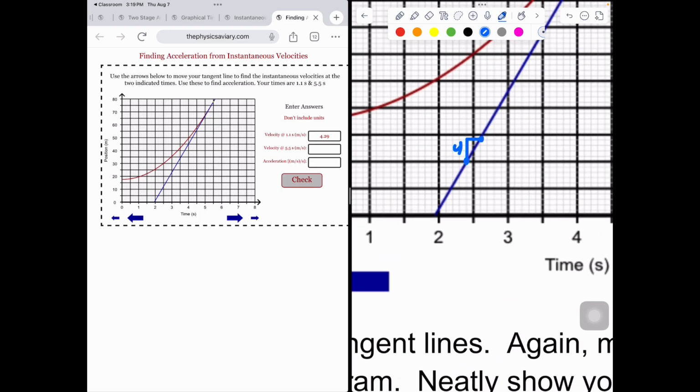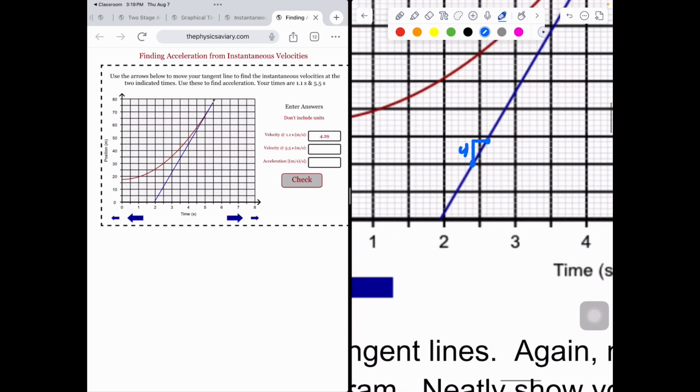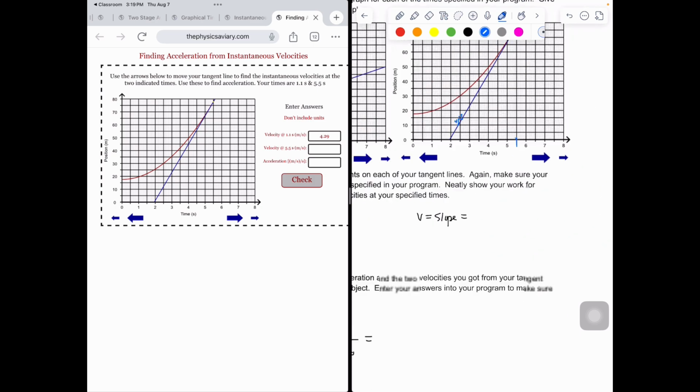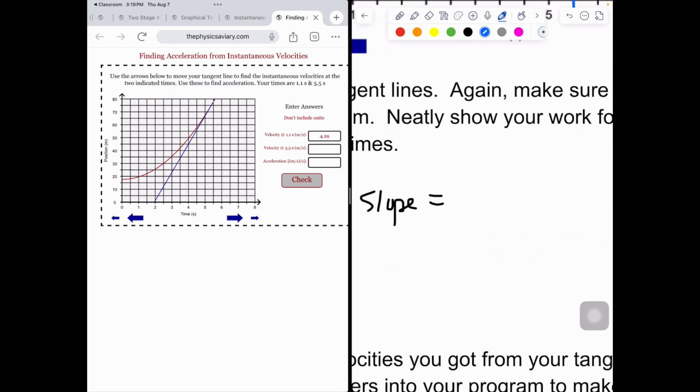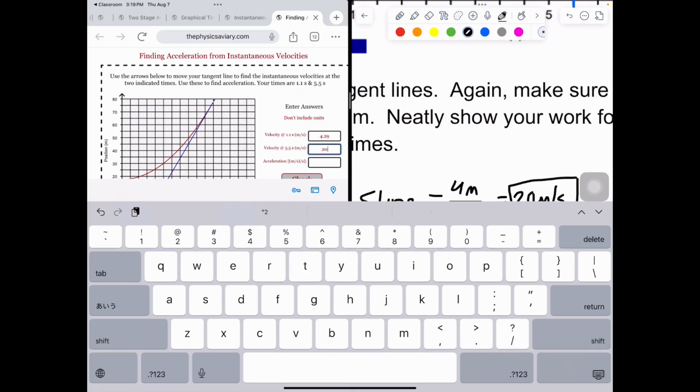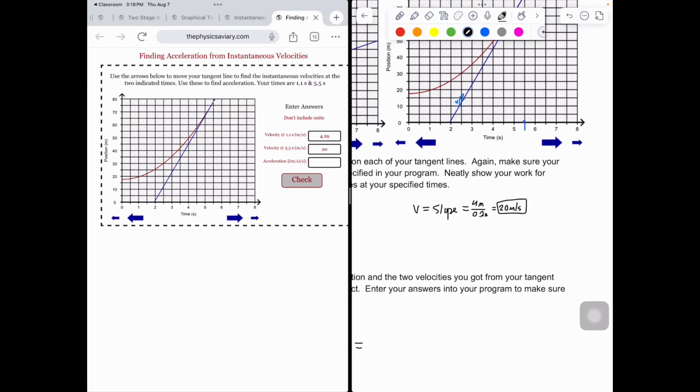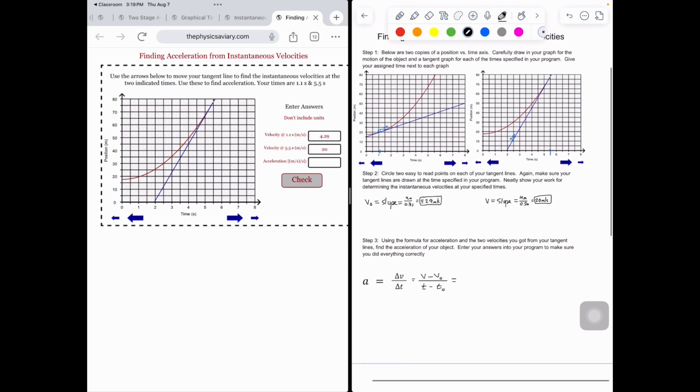Going over 2 boxes would be 0.2. So that would be 4 meters over 0.2 seconds, and we're looking at 20 meters per second. So my object is accelerating from 4.29 meters per second to 20 meters per second in that time interval.